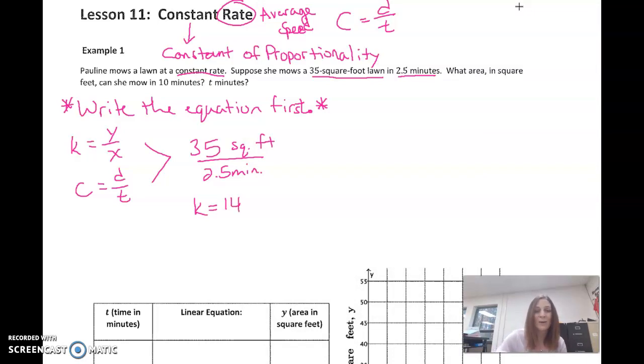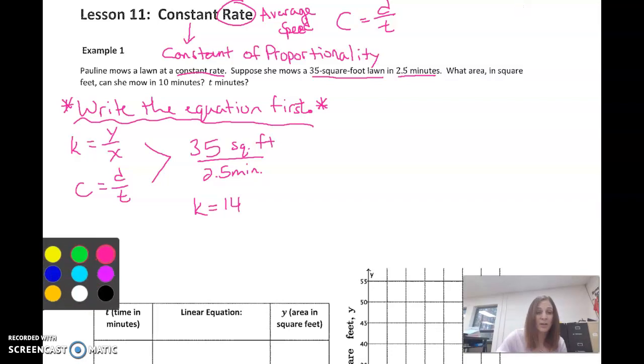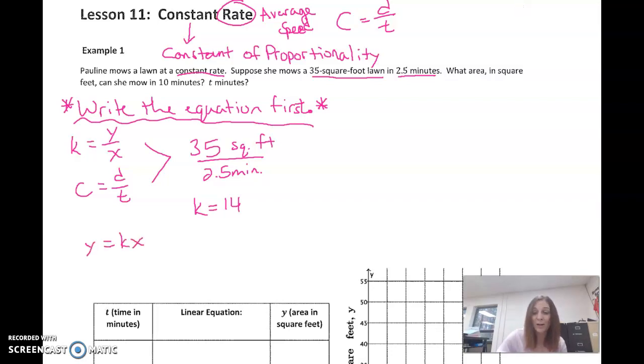Now remember, I said we have to write this equation first. We have our generic form of y equals kx. So we can take our constant, our k, and plug it in. And we get y equals, not k, what is k? 14 times x.